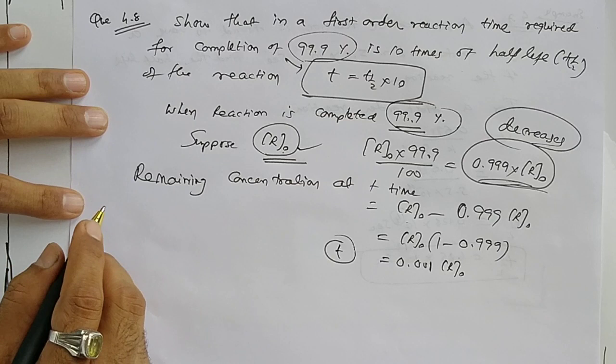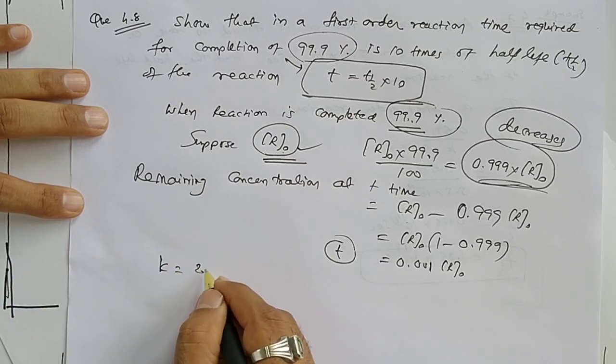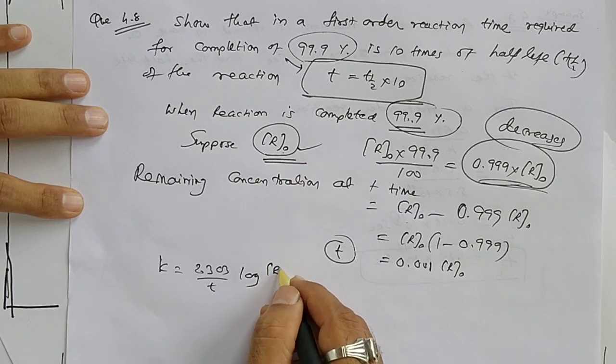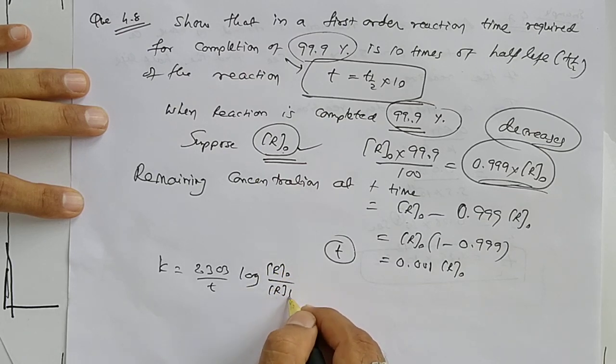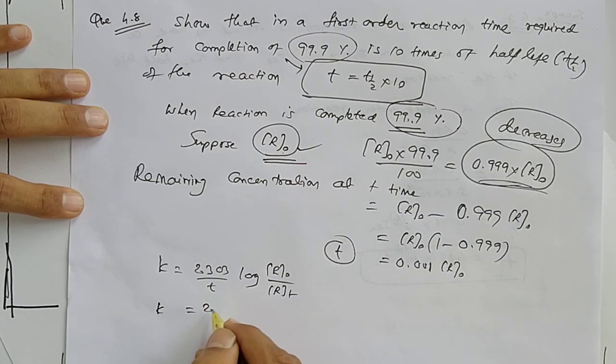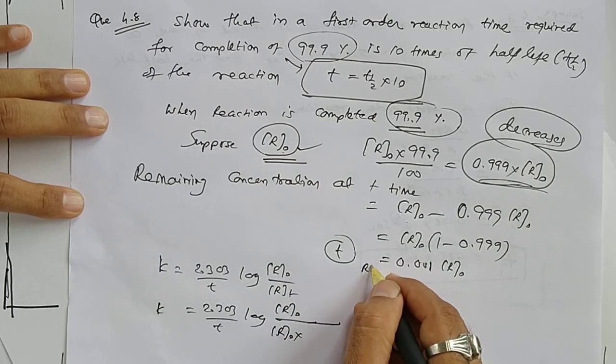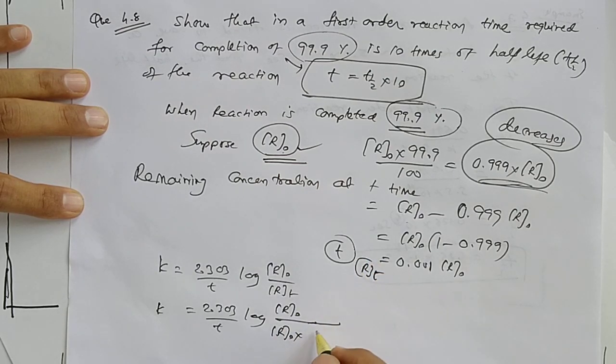Clear? So K is equal to 2.303 upon T log R0 by RT. So 2.303 upon T log, here R0 as it is, RT now is 0.001 R0.